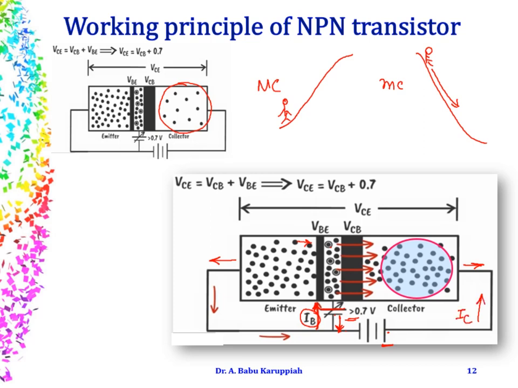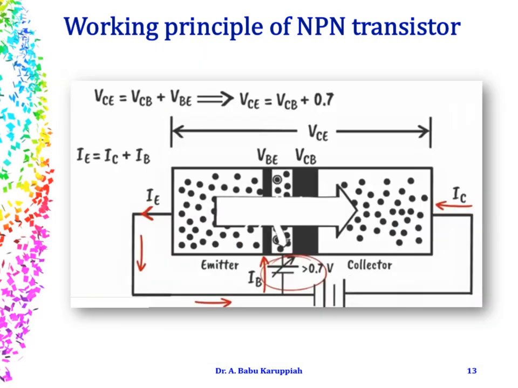There are two currents that are moving into the terminals, base current and the collector current. They move into the terminals, whereas the emitter current moves out of the terminal. As per KCL, Kirchhoff's current law, you can write the equation IE is equal to IC plus IB.